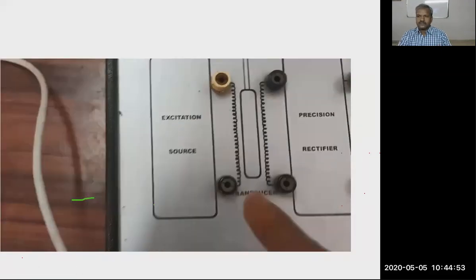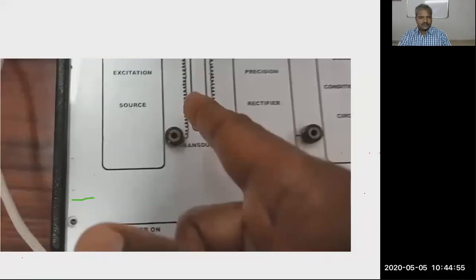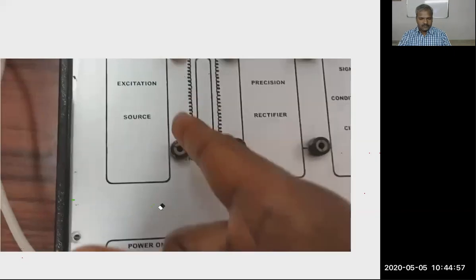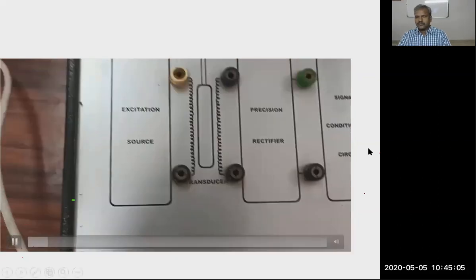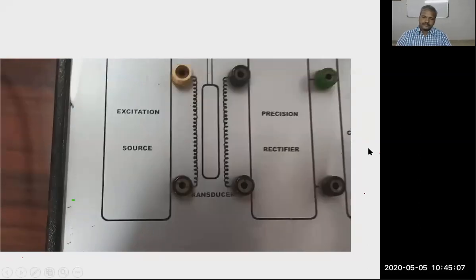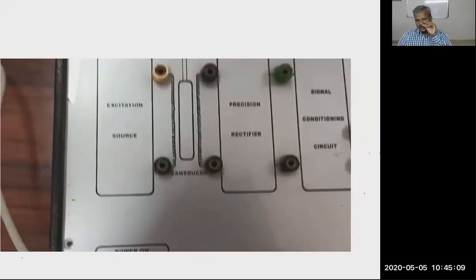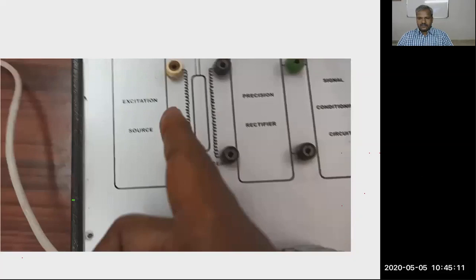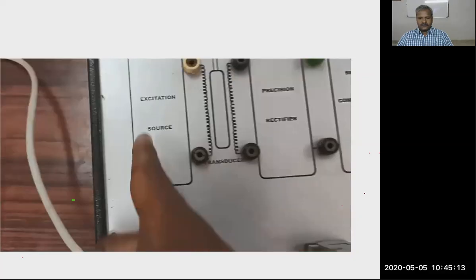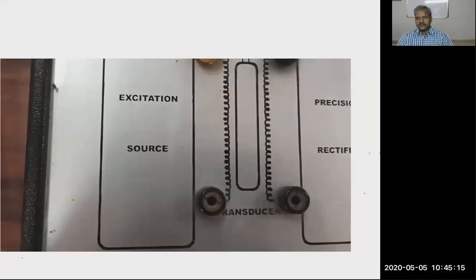All inductive transducers, both self-inductive as well as mutual inductive transducers, should be excited by an AC source. So the excitation is an AC source.